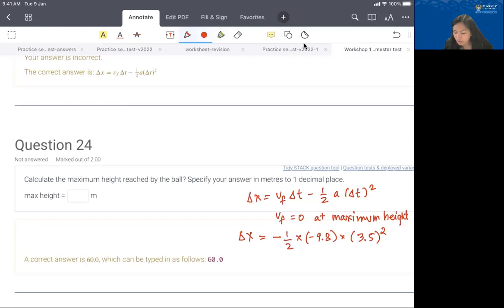Don't forget there's a square, so don't forget to square 3.5 when you're putting that in the calculator. We actually didn't have to rearrange anything here, which is good. It says specify your answer in meters to 1 decimal place, so that means we need to include the 0.0 in our answer.